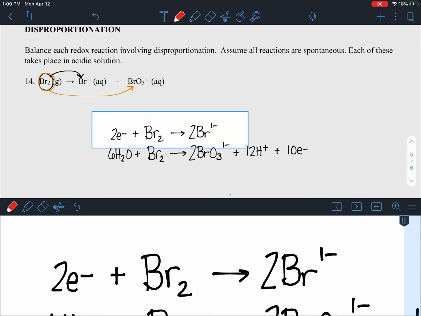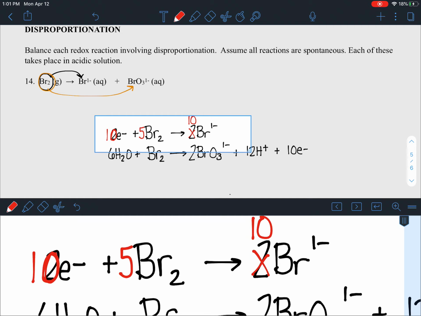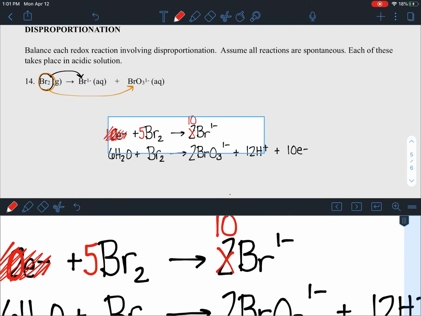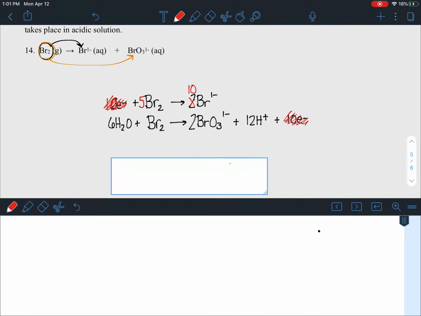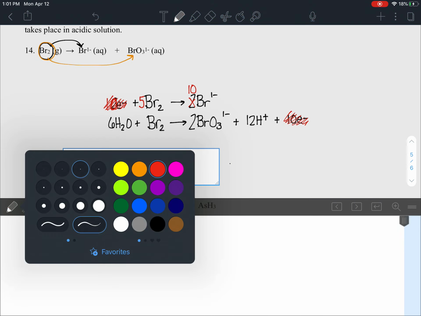So we're going to go ahead and multiply by 5. So we'll end up with 10 electrons here, 5 Br2, and then we'll have 10 Br1 minus, and then we'll go ahead and cancel out the things that are the same on both sides. So we'll have 10 electrons and 10 electrons, and then we can go ahead and finalize our answer by just writing out what is left over.